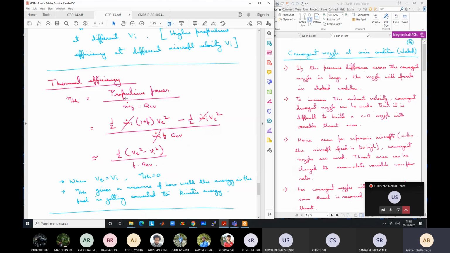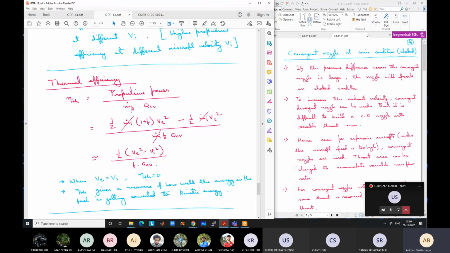So denominator is very familiar to you. Denominator is the mass flow rate of fuel m dot f into calorific value of the fuel, energy per kg of the fuel. So mass flow rate into energy per kg of the fuel gives us energy per second or per unit time released by the fuel, or what is contained in the fuel used up per second.